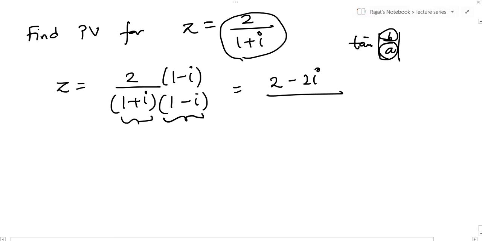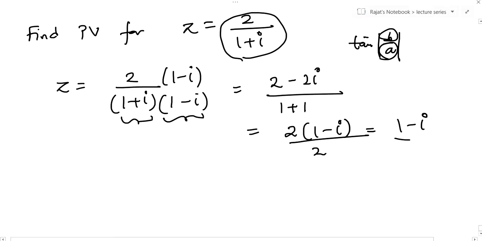View my previous lecture, I have covered this in detail. So we'll get 1 plus 1, so this will be 2, 1 minus i upon 2. This is 1 minus i. Now this is a standard complex number.